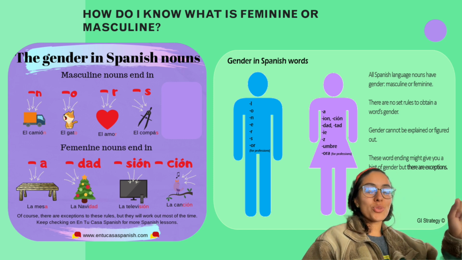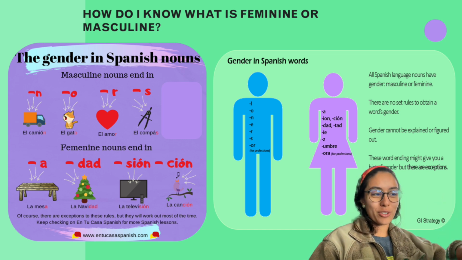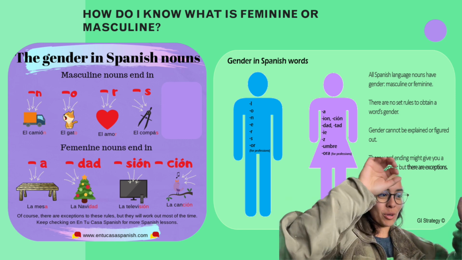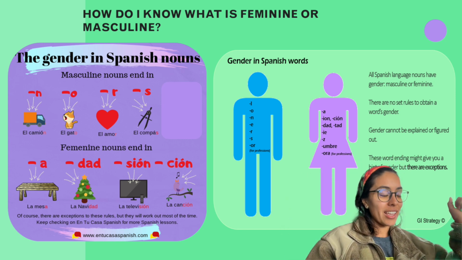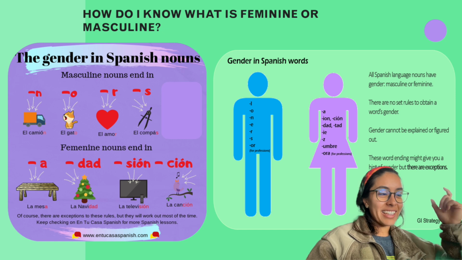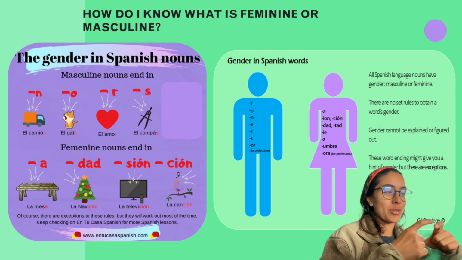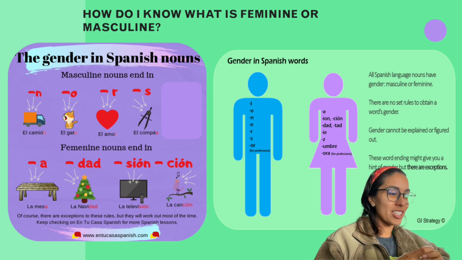I am not so sure if the word compass is for this object specifically, which is the one that we used on the geometry class in school. I think it's more for the tool that gives you the directions, like north, south. But you can let me know.